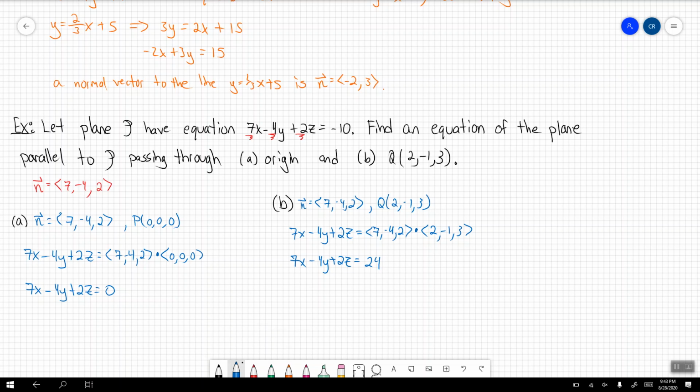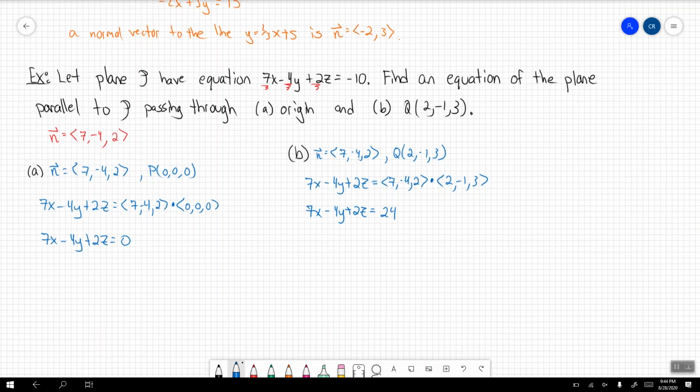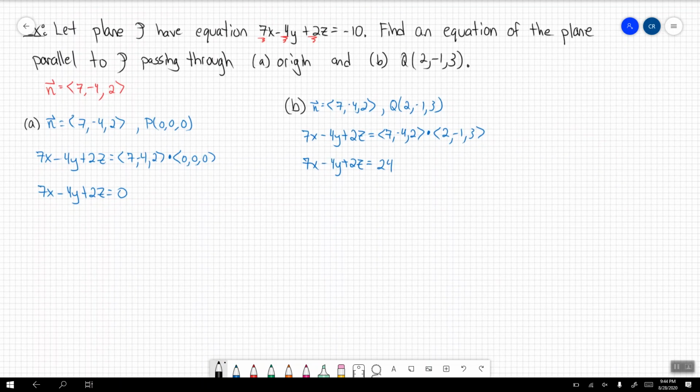Which means there's our answer. The plane that is parallel to the given plane, but goes through point Q, which is at 2, negative 1, 3, has the equation 7x minus 4y plus 2z is equal to 24. And look at that. We're just trekking along. Isn't this amazing?